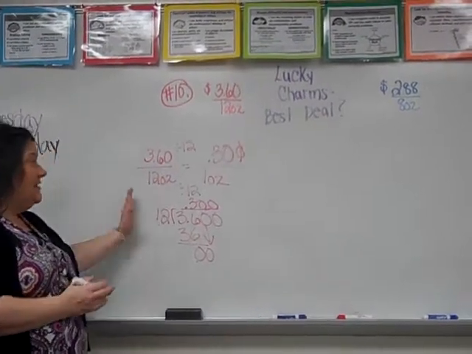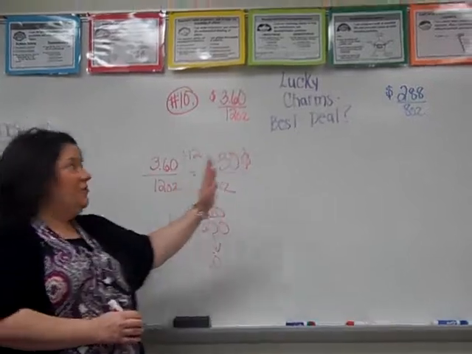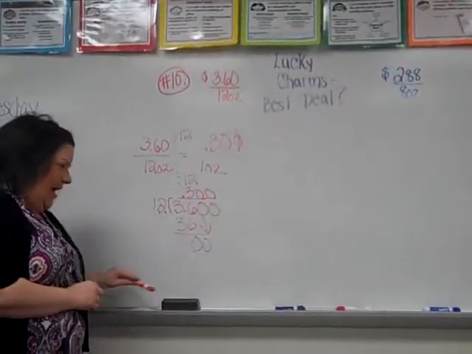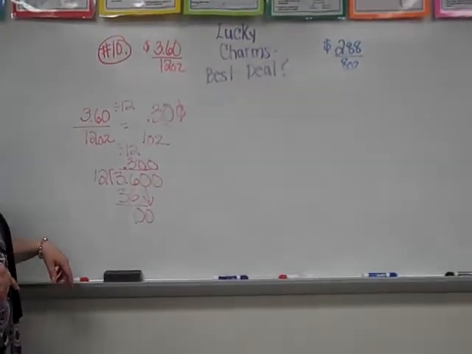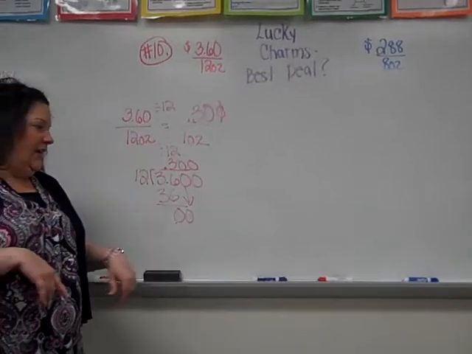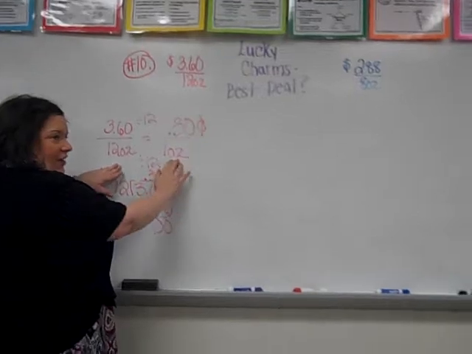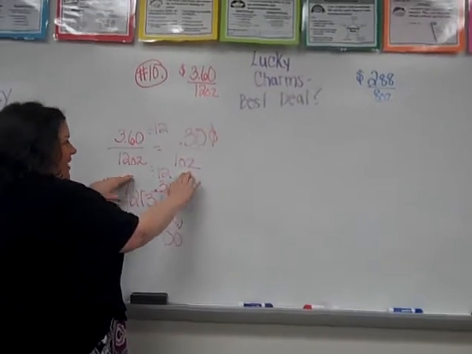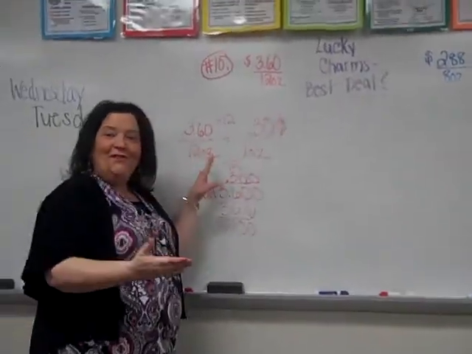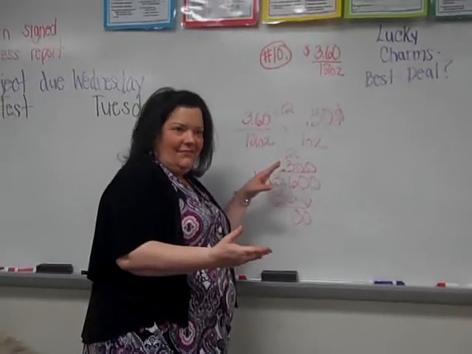So now we're going to do the same thing to our 8-ounce box for $2.88 and see what we get. These are proportions. These are equivalent ratios. These are also a unit rate. Okay?